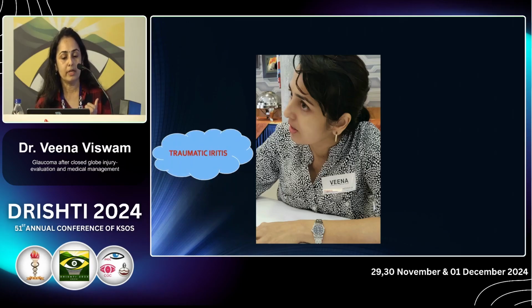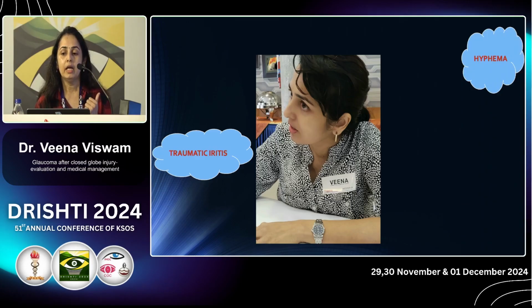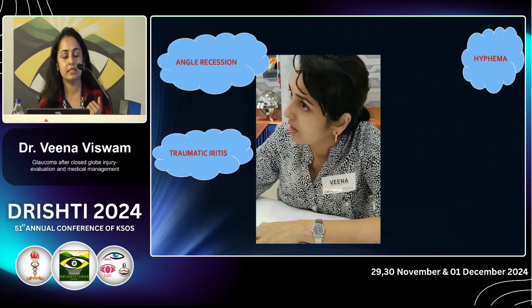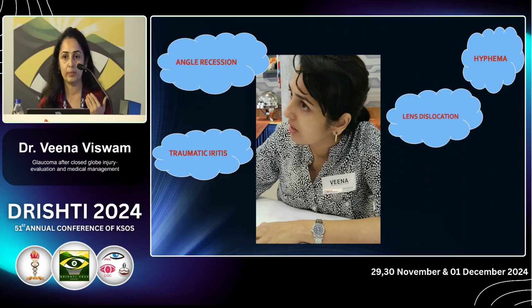So as glaucoma consultants, what can usually give rise to a raised intraocular pressure in the blunt traumatized eye? Traumatic iritis is very common. Hyphema is another important cause of raised intraocular pressure in these eyes. Angle recession can cause raised intraocular pressure.